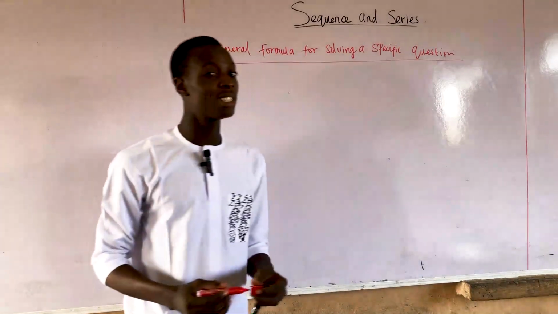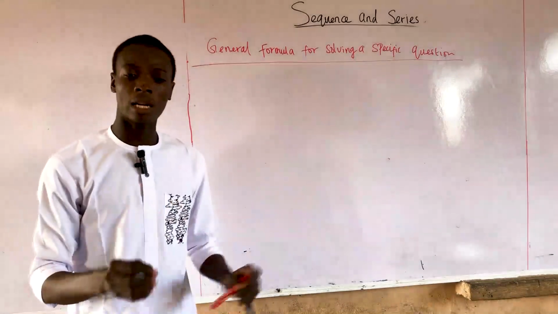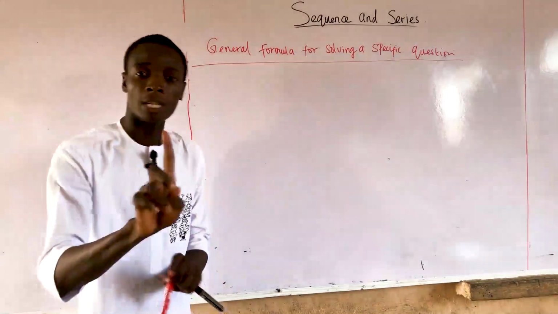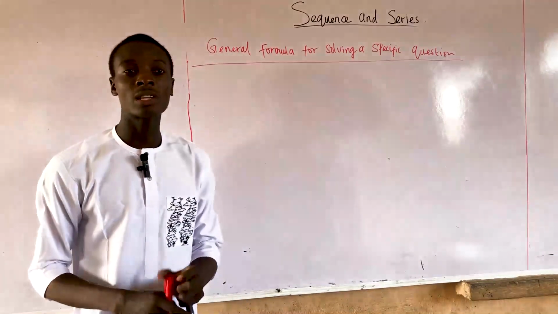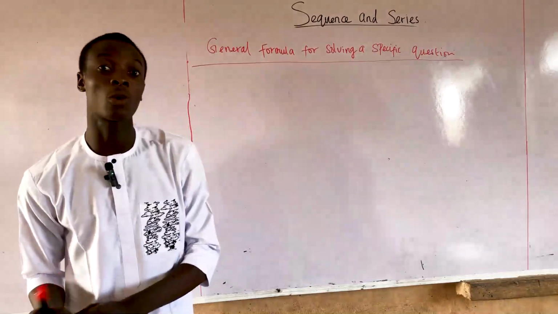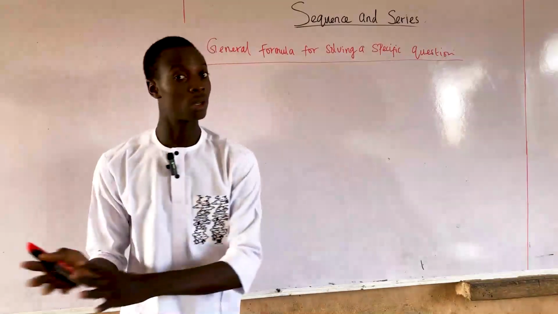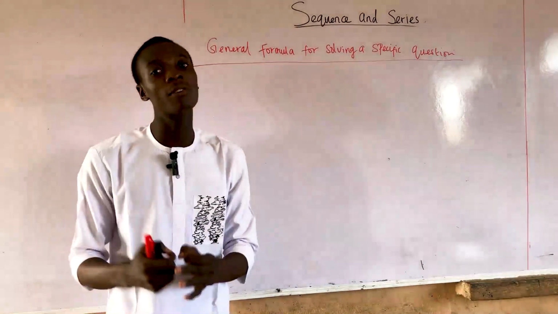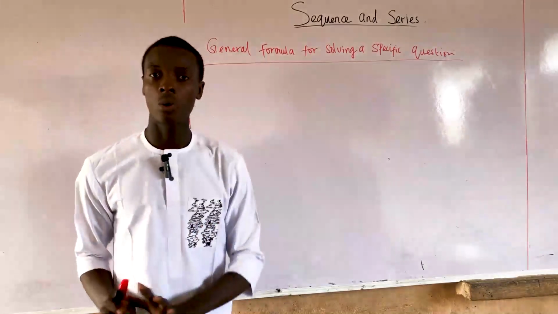Because that is what it literally does. This formula can only solve a problem for a particular question. The formula that can solve question 1 cannot solve question 2. It can only solve the problem for a particular question.